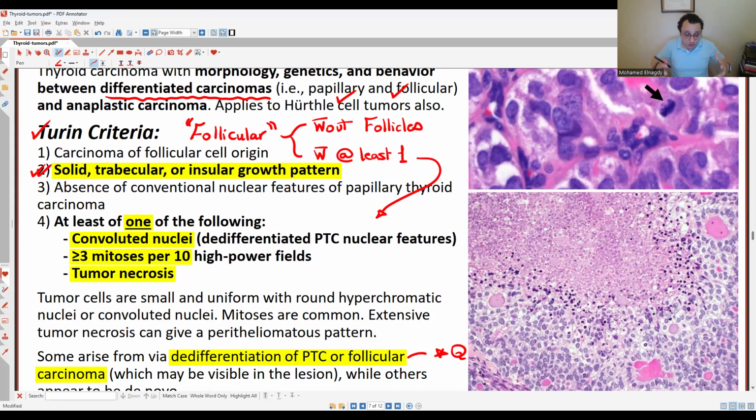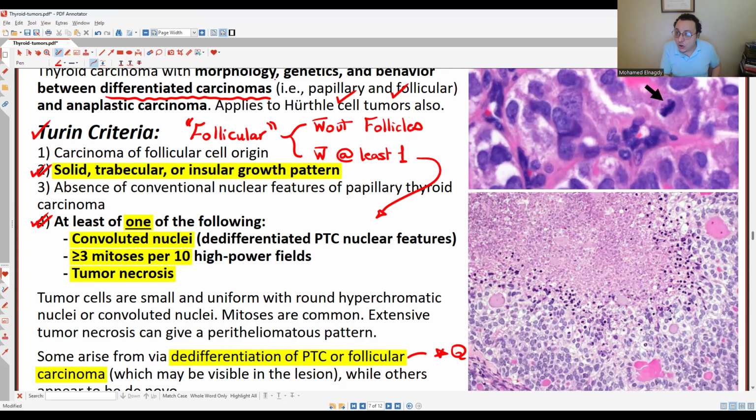I'm seeing just solid area, trabecular growth, insular growth, nested growth, but I don't see any microfollicles anymore. I don't see any colloid in the field. And with at least 1 out of 3, which is convoluted nuclei. Convoluted nuclei means the nuclei are very pleomorphic and very irregular, very ugly looking nuclei. And high mitosis, greater than or equal to 3 mitoses per 10 high power fields, which correlates with the high Ki-67 index that I told you about.